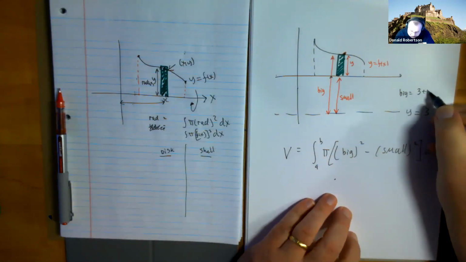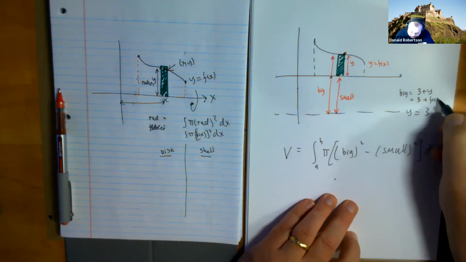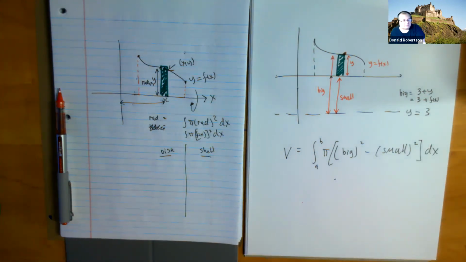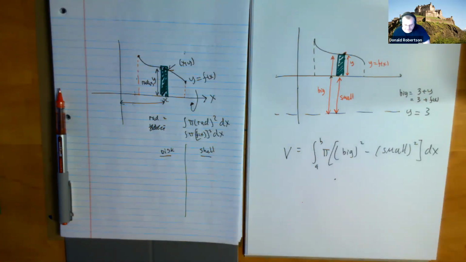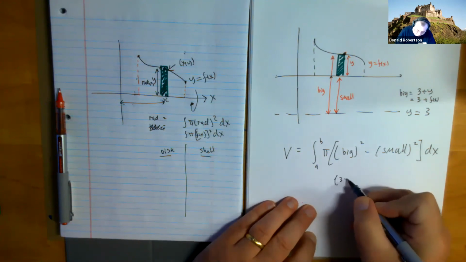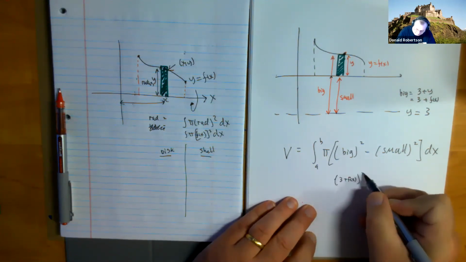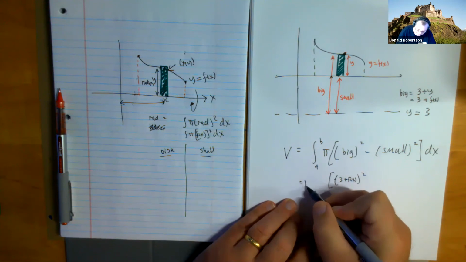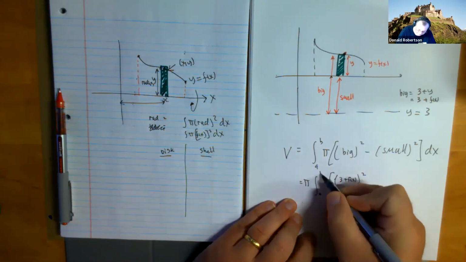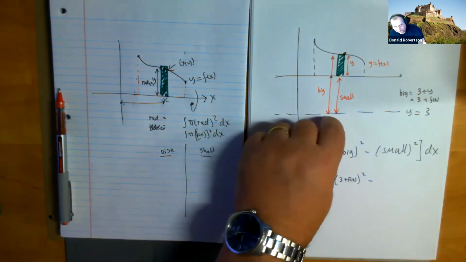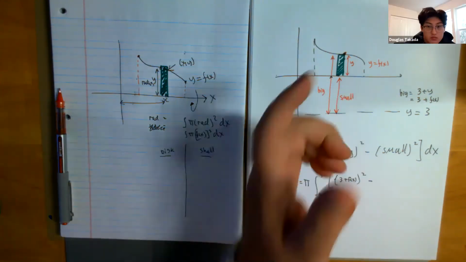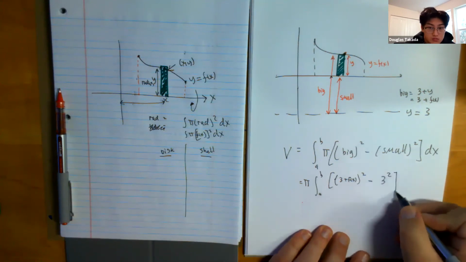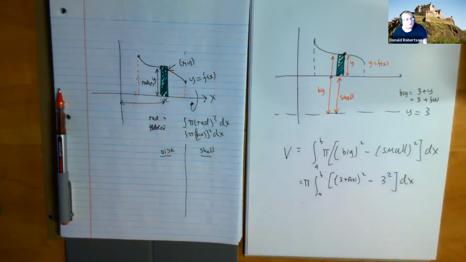So that's going to be 3 plus y, and that becomes 3 plus f of x. Whatever f of x is, 3 plus f of x is the big radius. Now, what will the small radius be in this situation? 3. It's just a number, and that takes care of that situation.